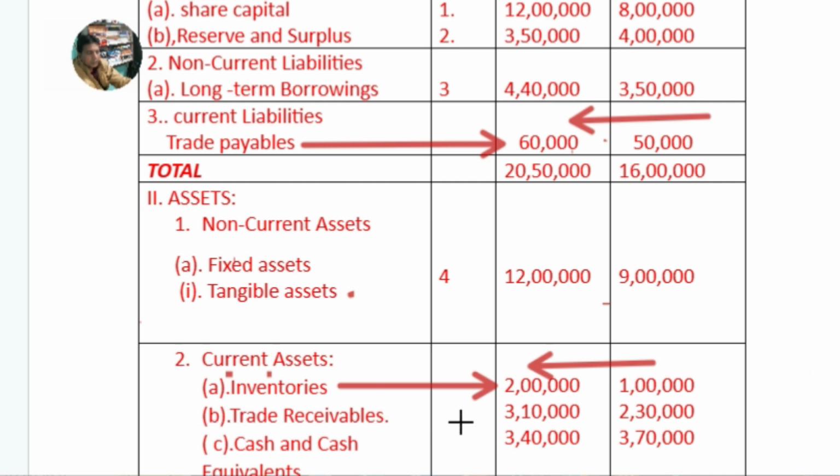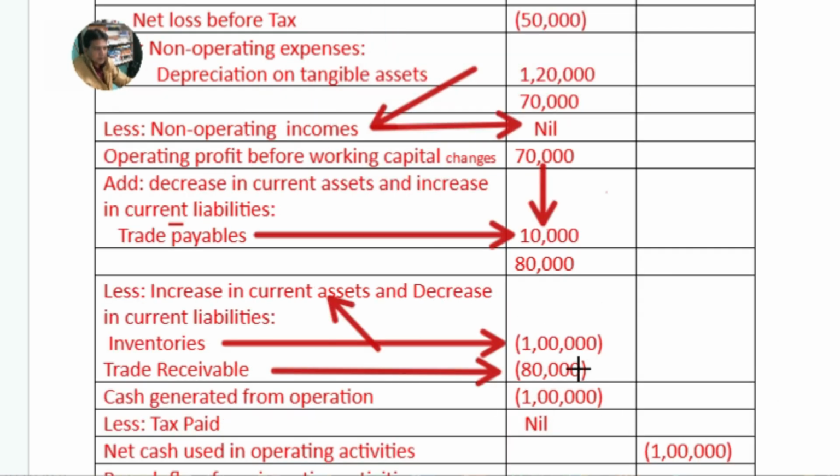And trade receivable also increase means cash outflow, it is minus. So now 80,000 minus 1 lakh minus 80,000. So the balance, cash generated from operations, is a negative balance, minus 1 lakh.